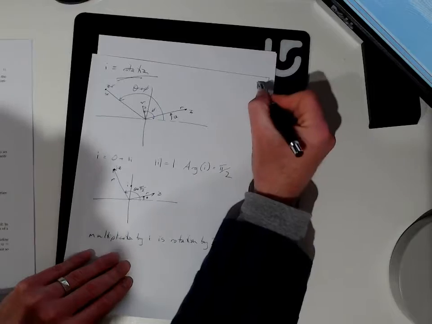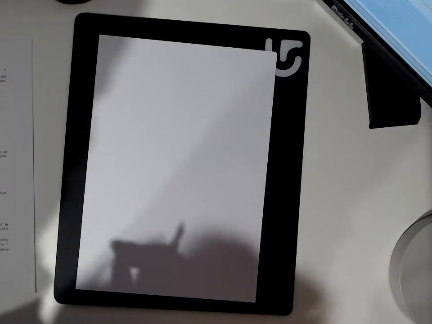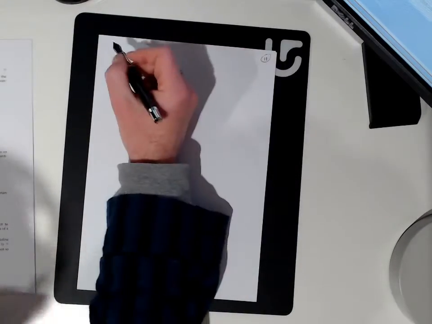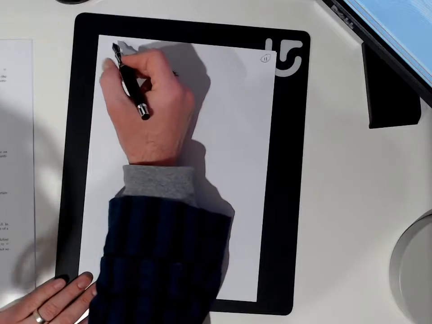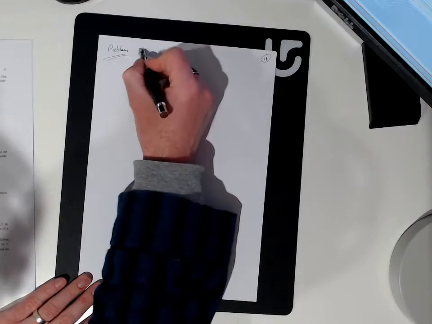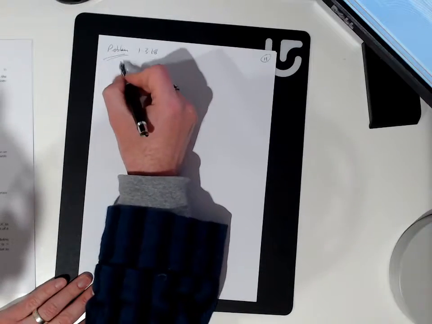What's that on? Page 10. Okay. This is a nice example of how complex numbers can capture what would otherwise be awkward geometry.